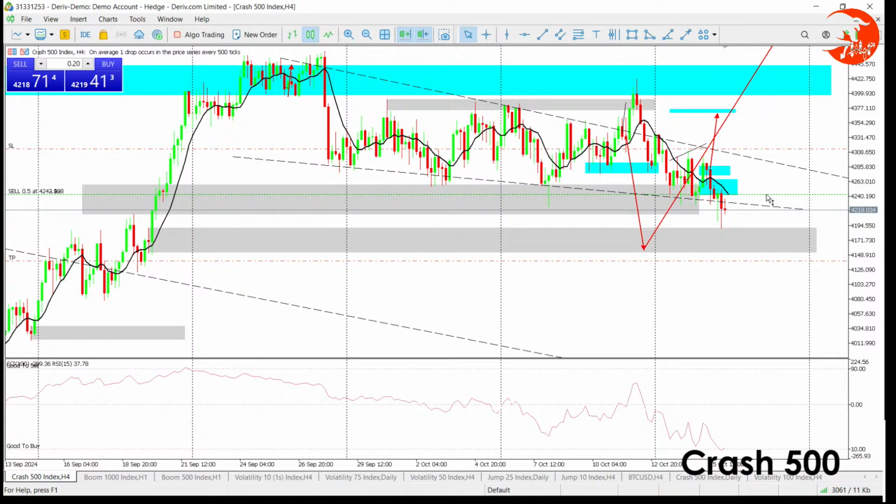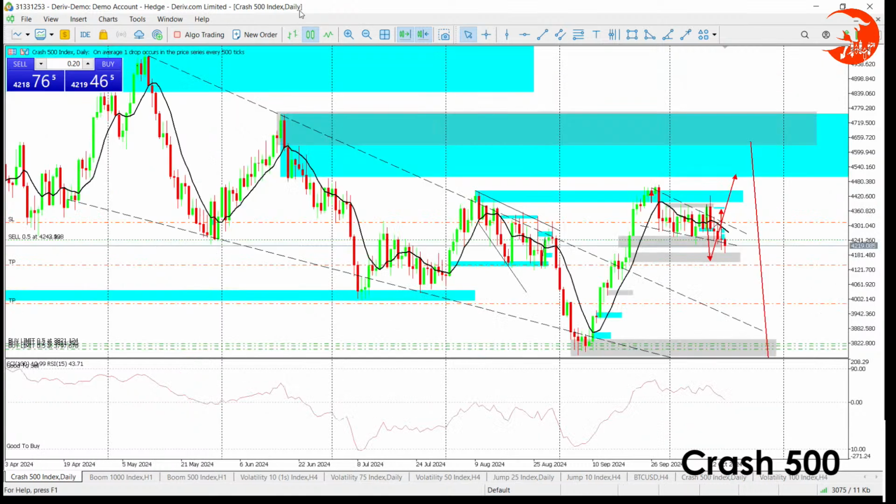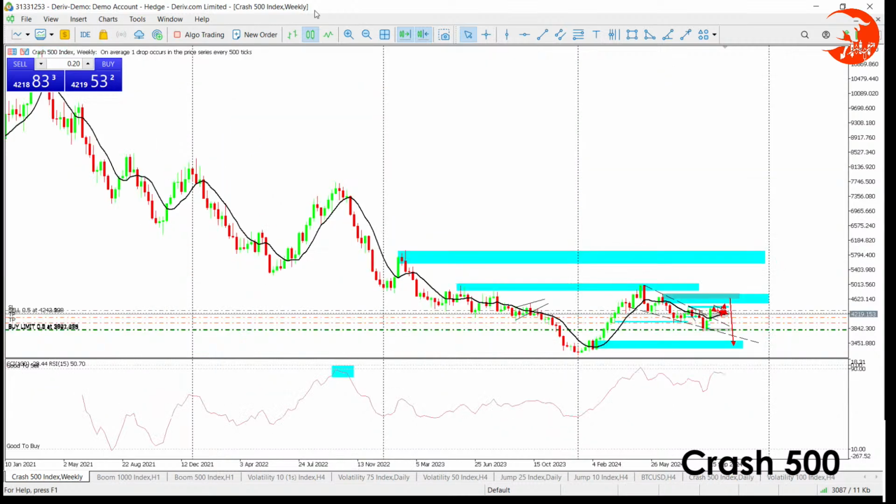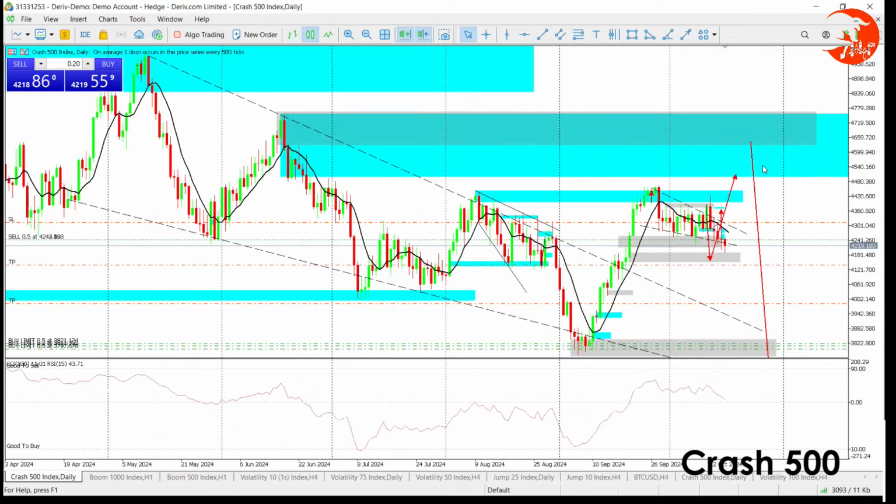It somehow means we are going to head over to buys the way we want. You remember that according to our weekly and daily, we are supposed to get to that level there, grab the liquidity there, and then later on head over down to sales. That's what we anticipated, and that's what we can see happening.